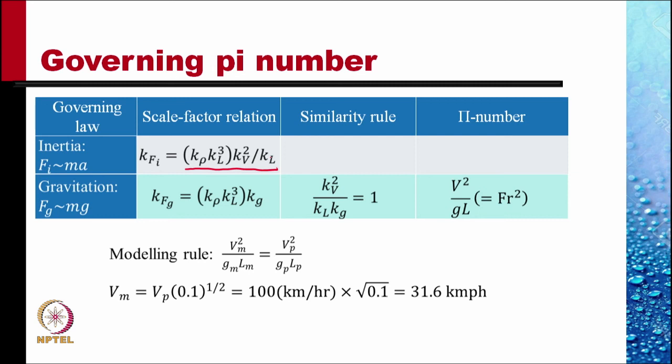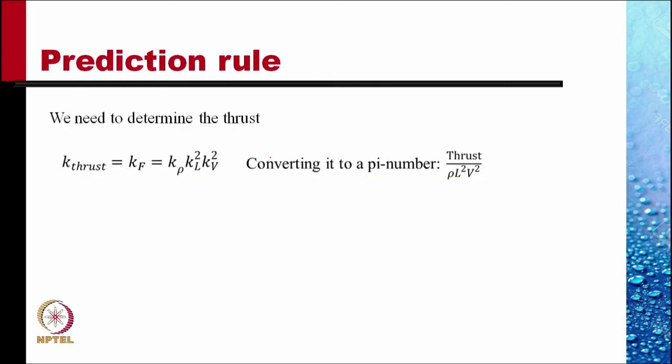So we'll need the force required to accelerate this to 31.6 kmph. The force required, the thrust, is a force, so it should have the same scale factor, k rho, kl square, kv square. Converting it to a pi number, thrust divided by rho L square V square must have the same value in the model as in the prototype.